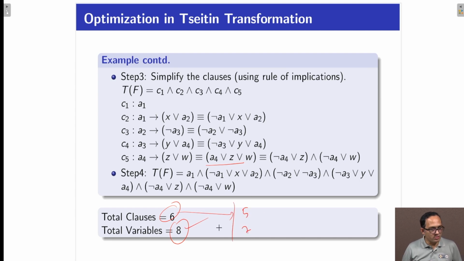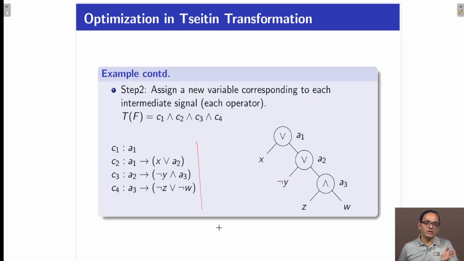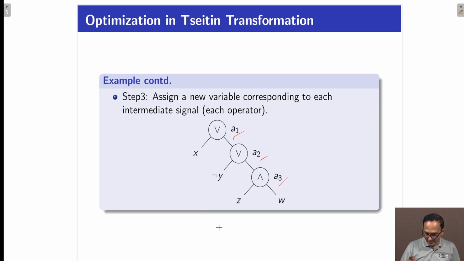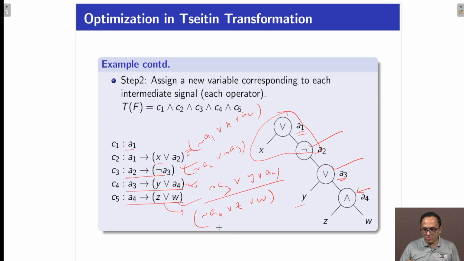So, I am able to reduce 1 clause, right. This effectively shows that if I just convert into NNF and then do the Tseitin transformation, it will reduce the size of the AST effectively. If you see here, this not was creating a new node, and the depth of the tree is 4.